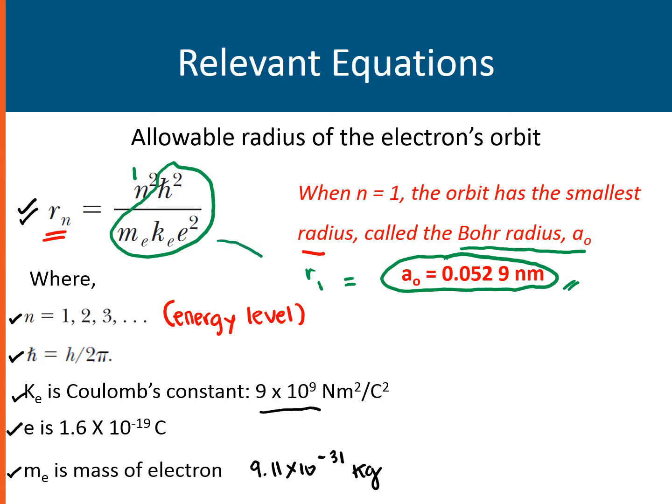Then this tells us that we could express this general formula, in terms of r sub n, as n squared, or the energy level, multiplied by the Bohr's radius, or we could say r sub n is equal to n squared multiplied by 0.0529 nanometers.